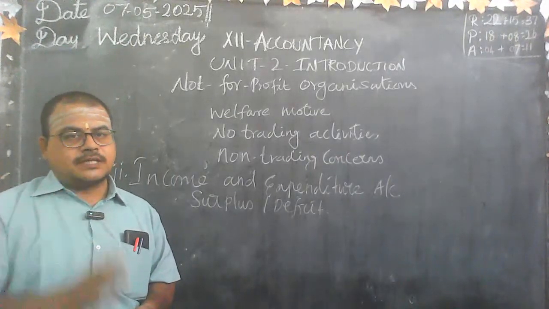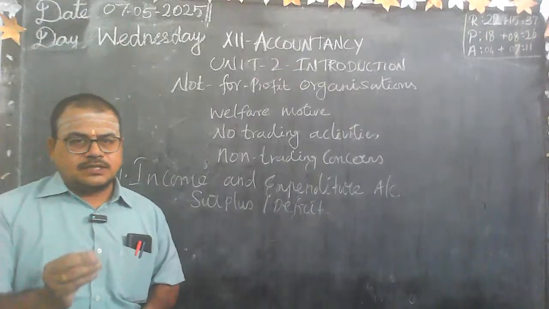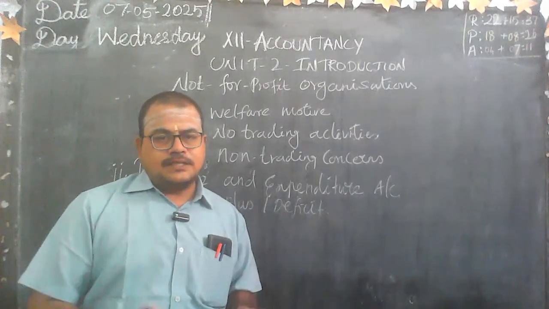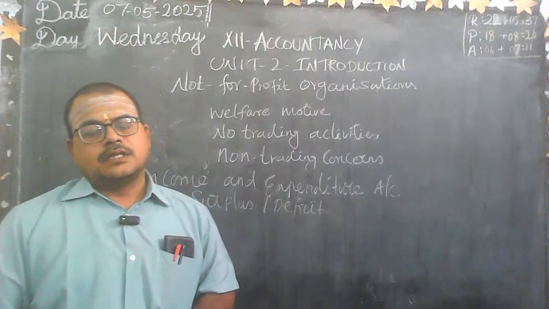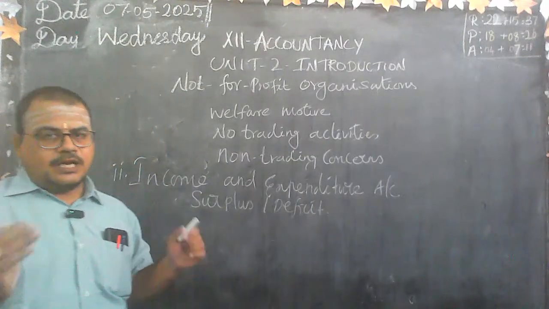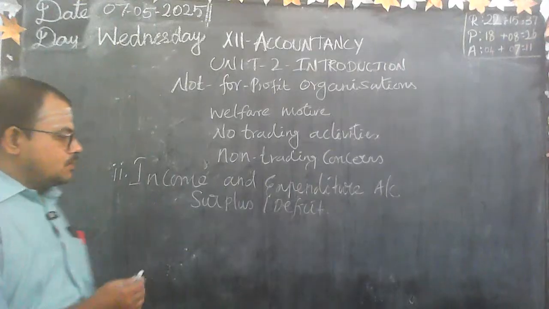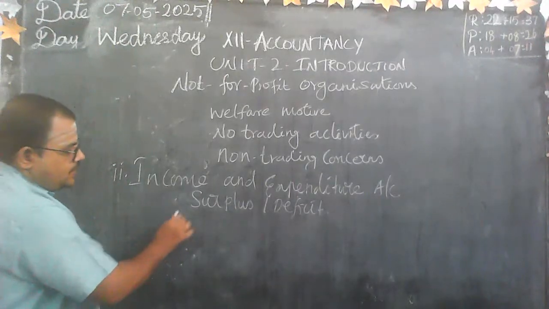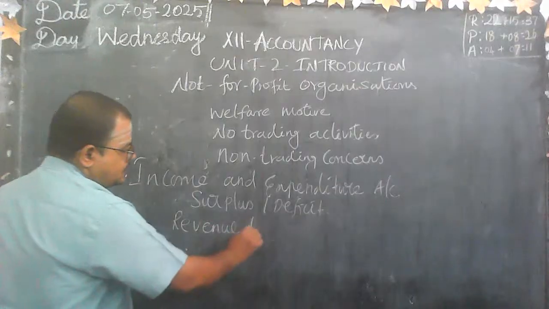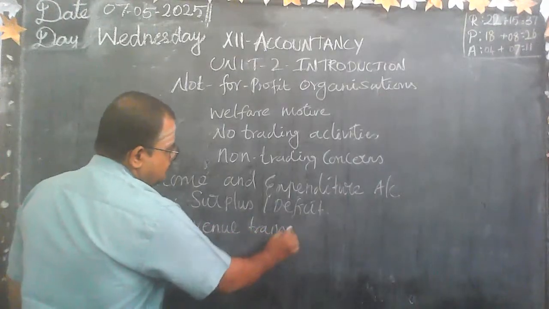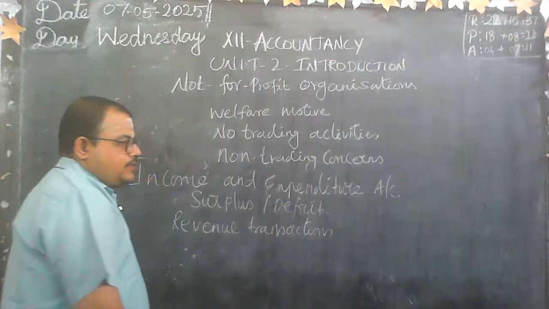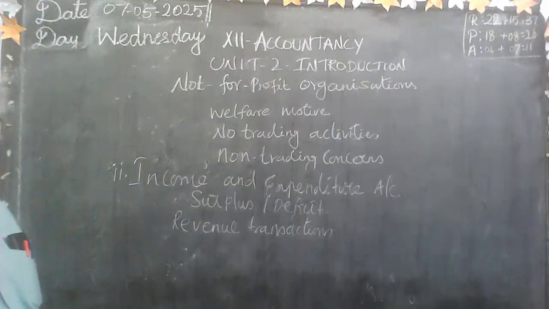It omits assets and liabilities. The capital expenditure and the capital receipts should not be recorded in this account. So we should focus on revenue transactions only.